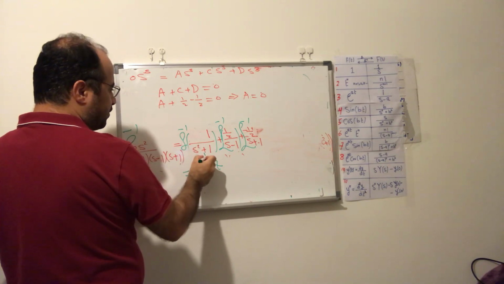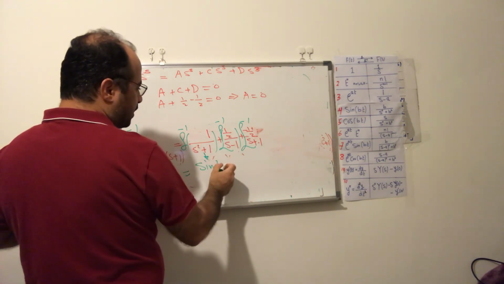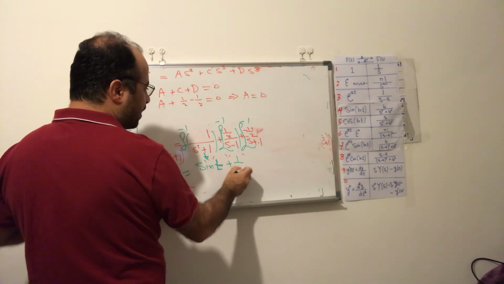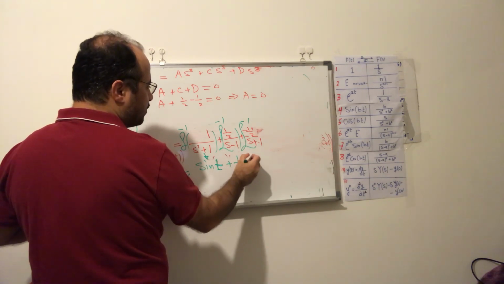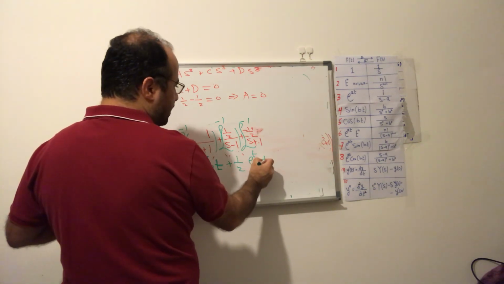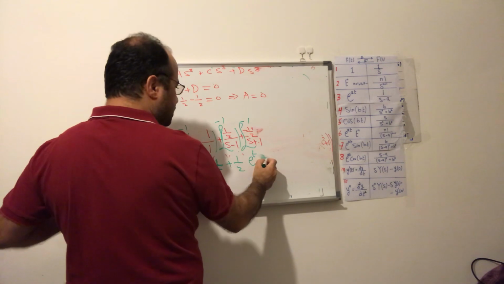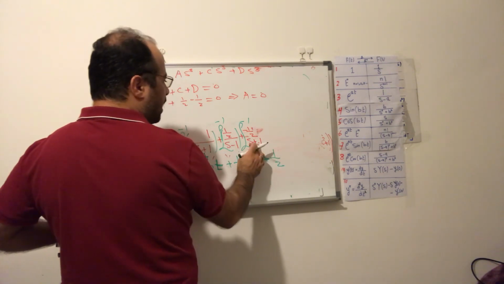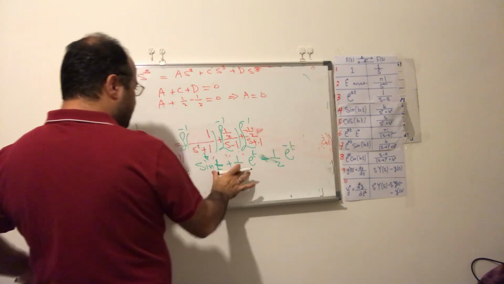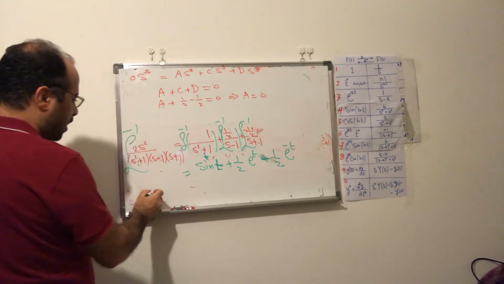So this one gives you sine t. This one, you take the half outside, this is plus half, and the s minus 1 gives you e^t, right? Minus becomes plus, and here we have the minus half outside, and the plus becomes minus in this thing, right?